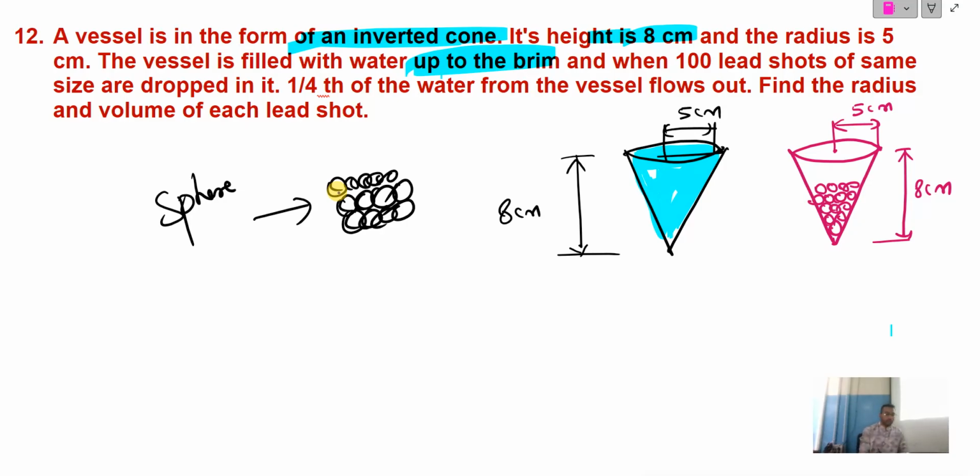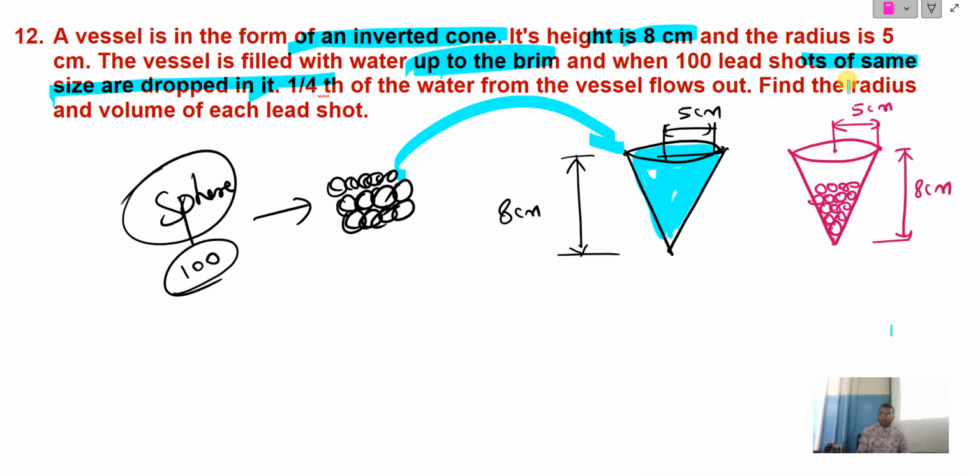For that, they have given the hint that one fourth of the water flows out. Indirectly they are telling that out of the total quantity of water present in the vessel, one fourth is coming outside. It flows out.